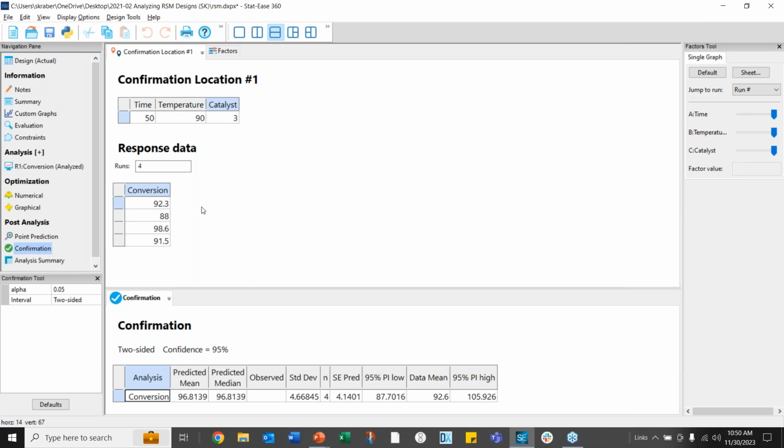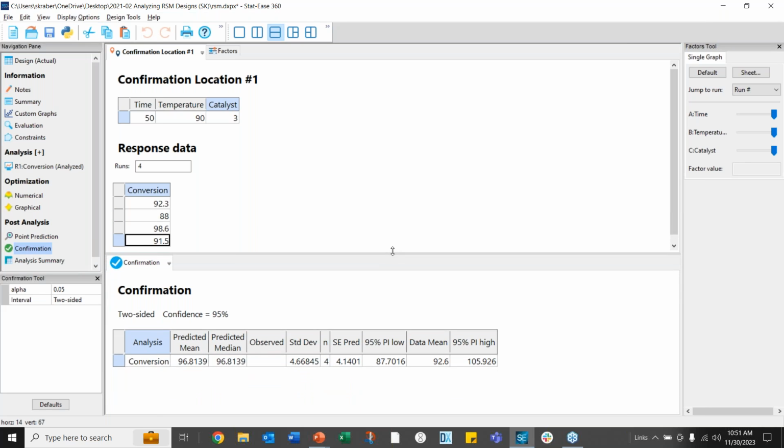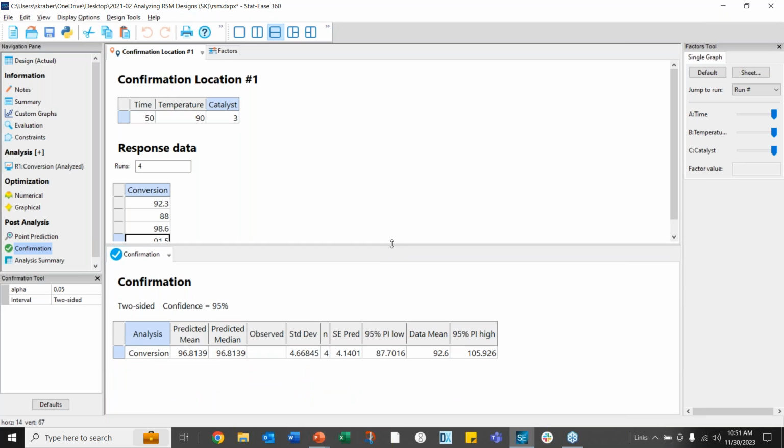So I had to go out to the process and physically run the process and estimate my percent conversion 4 independent times. And I got the data for that, put them in, and then down at the bottom, it calculates the data average, 92.6, that's the average of those 4.